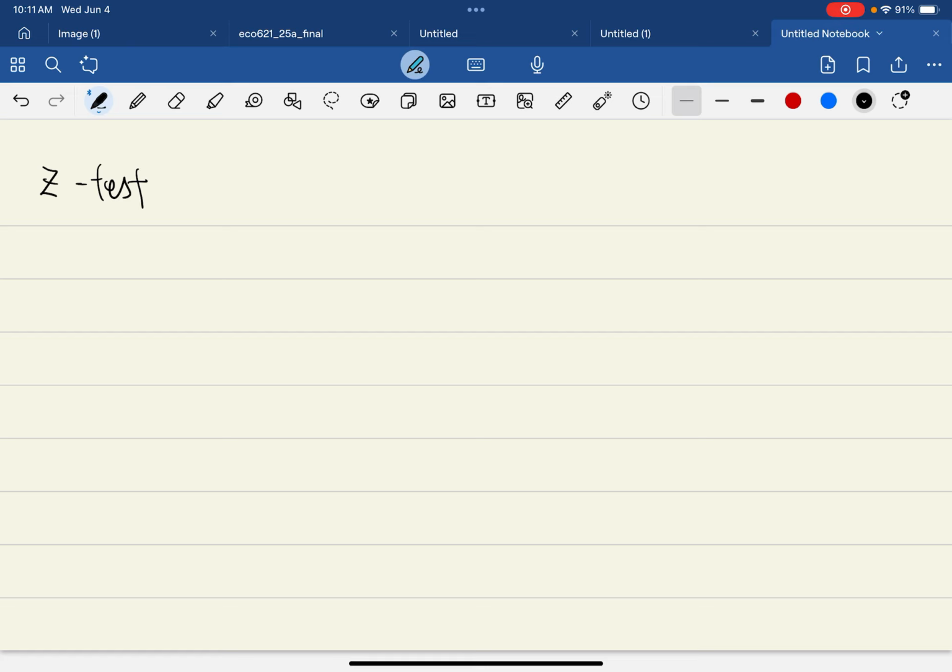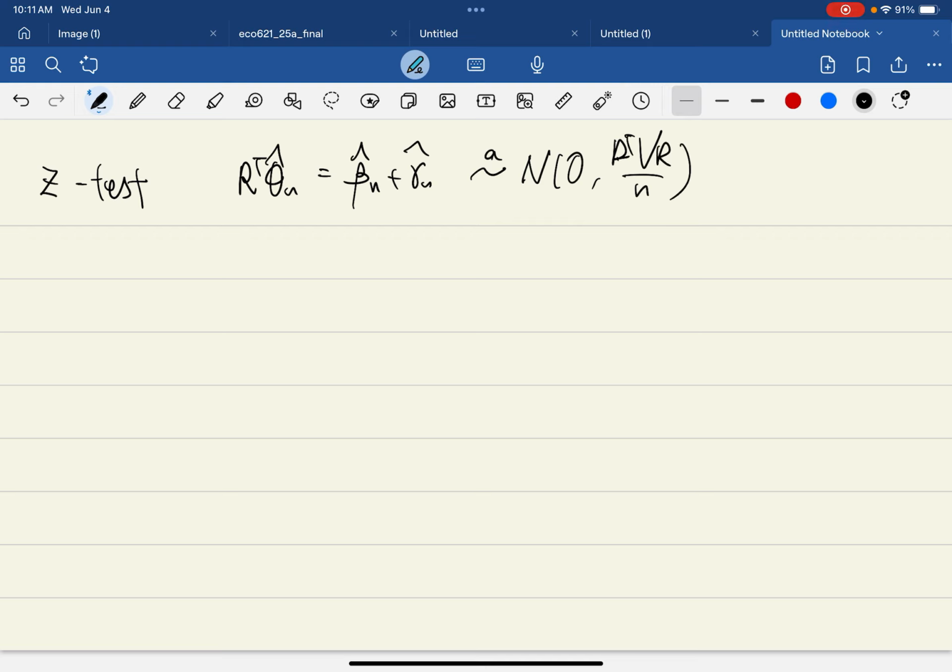Because it works like earlier, I said R transpose theta hat n, which is basically this, right? This approximately follows a normal distribution 0, V over n, V R transpose R, right?